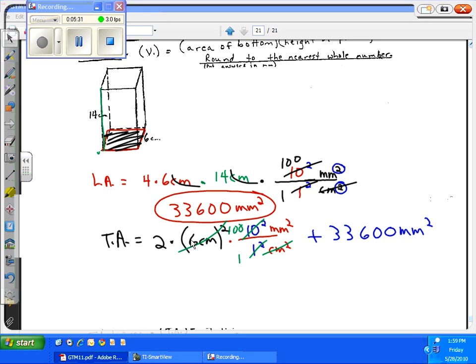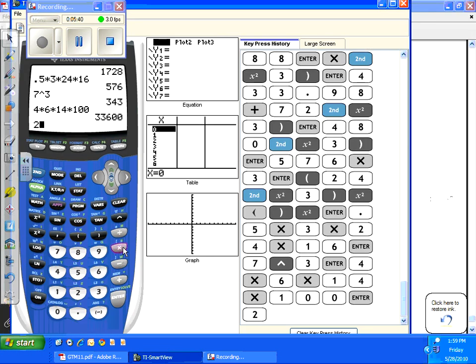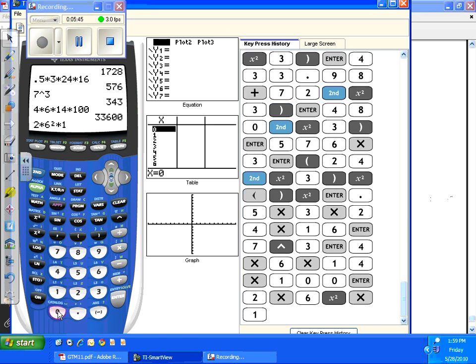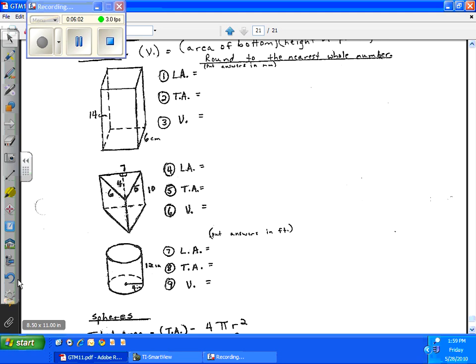So we have 2 times 6 squared times 100 plus 33,600. That's the area of the top and bottom converted to square millimeters, plus the lateral area in square millimeters, which gives us the total surface area of 40,800 square millimeters.